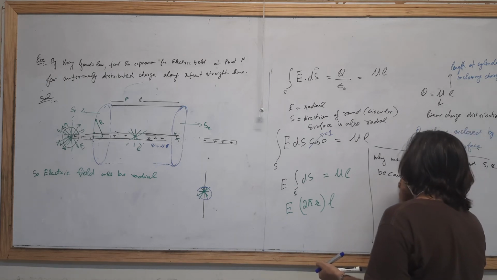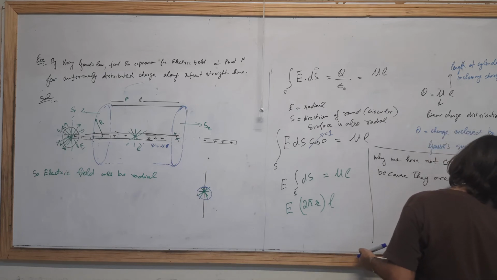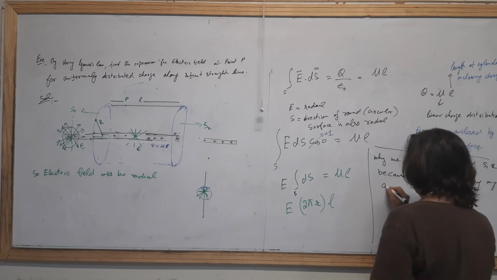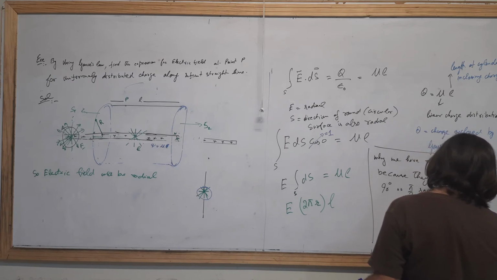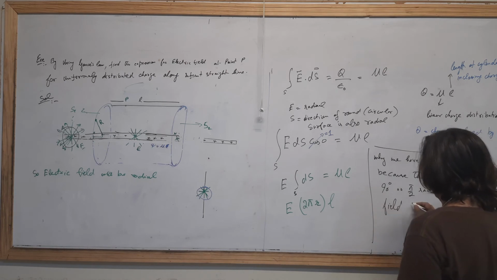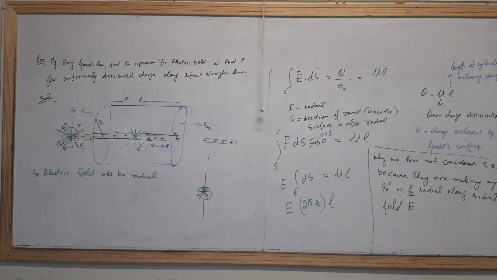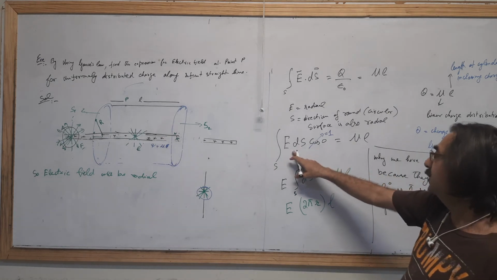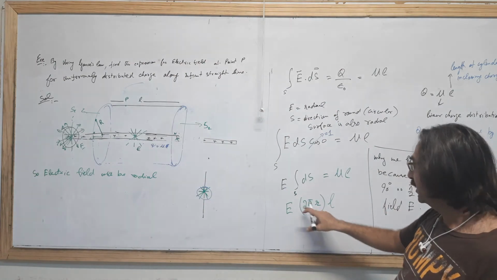Because they make an angle of 90 degrees, or pi by 2, along the radial field E. You have to mention this. We have only considered the round surface, but all the remaining surfaces make a 90 degree angle. I wrote this directly.